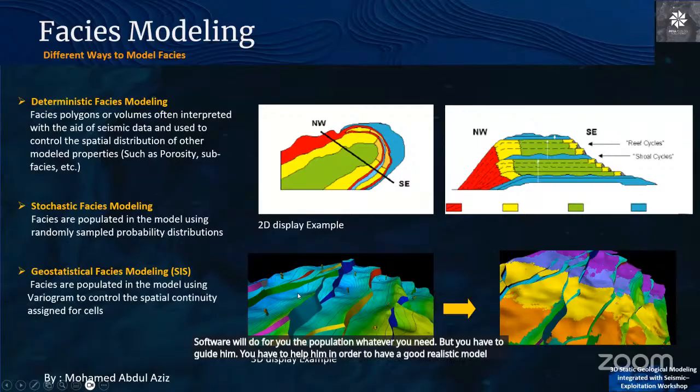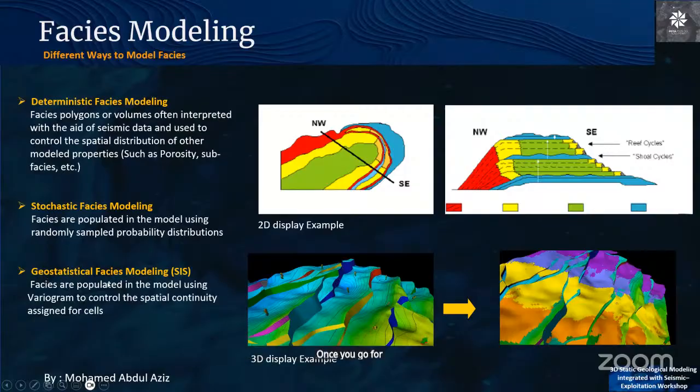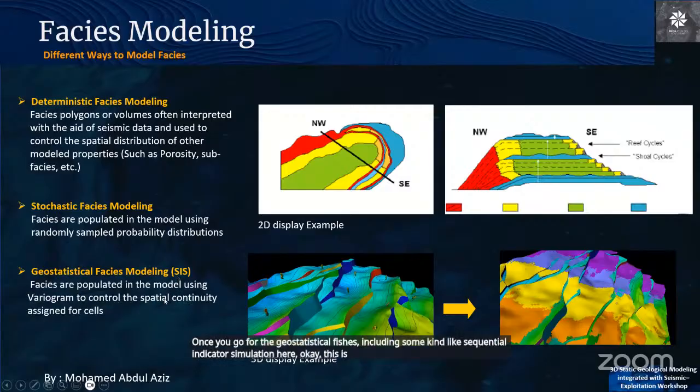Okay, once you go for the geostatistical facies, including some kind like sequential indicator simulation here, okay, this is populating using a variogram control. So I have some control.